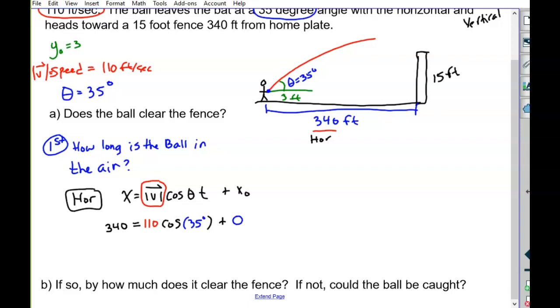Well, now, if you notice, the only thing that I don't know is this value of t. Maybe I should put that in a different color, so it pops a little bit. That will give me how long the ball is in the air. Right? We can solve this using math.